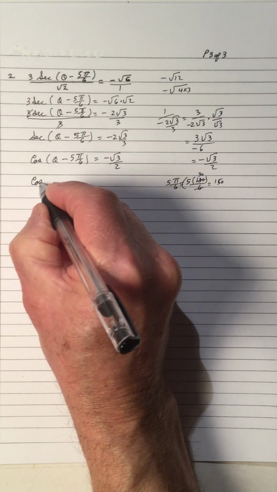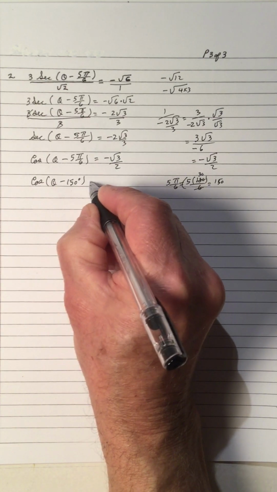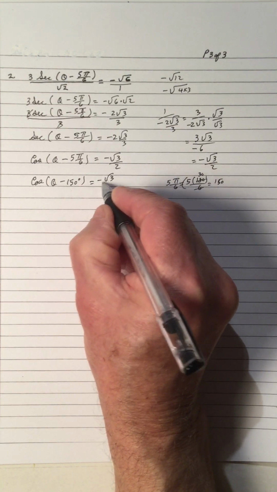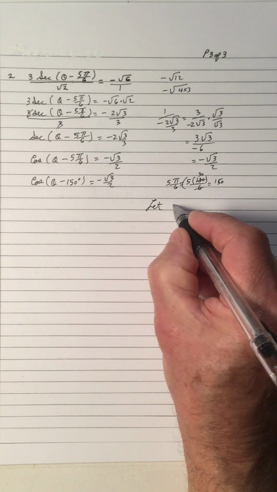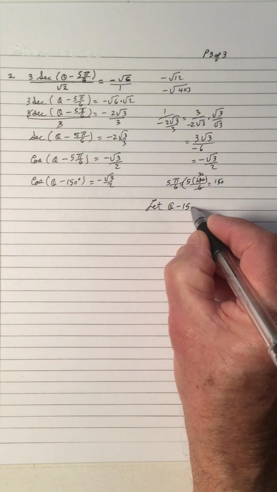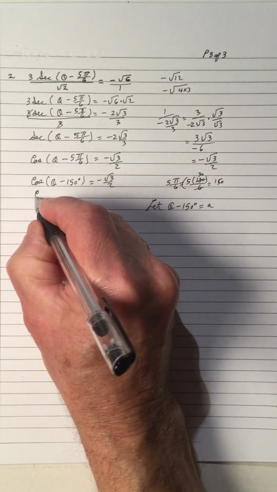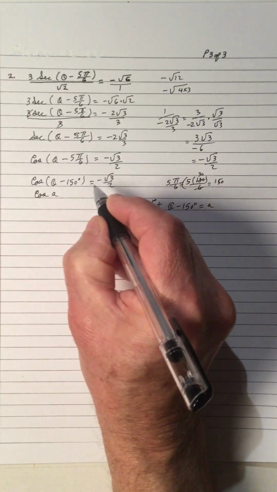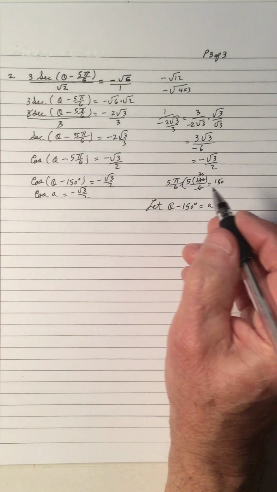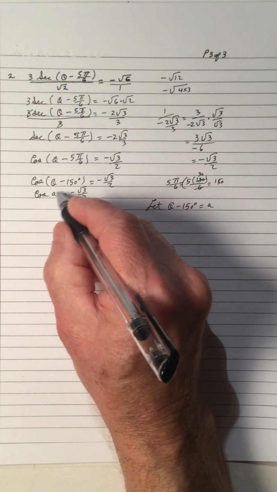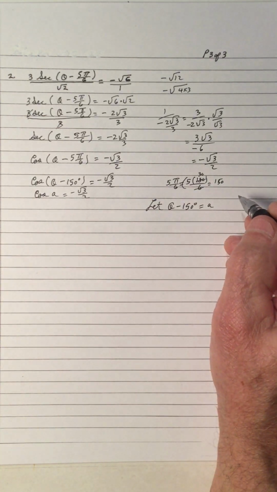So I have the cos of 150 degrees equals negative root 3 over 2. So I'm going to let the cos of negative 150 degrees equal A. So cos A is negative root 3 over 2. I'm going to work out the answers and then come back and fill in the cos of negative 150 degrees.